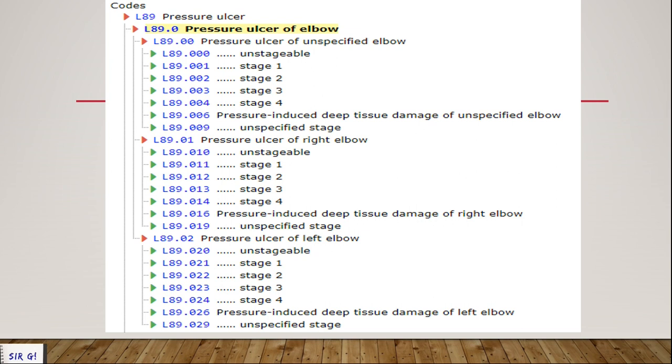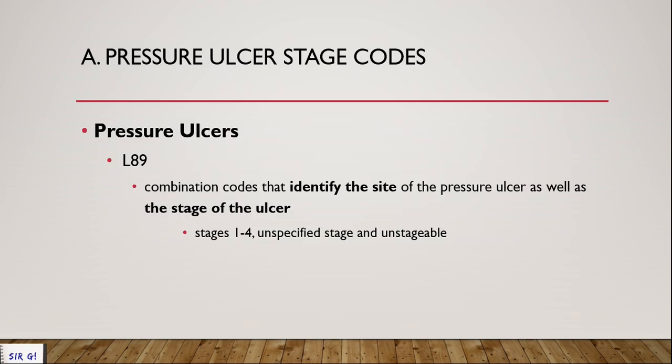Before moving on, guys, what if, for example, because it's not specified in this guideline, the patient has a stage 3 pressure ulcer in the elbow, and the patient also has a stage 2 pressure ulcer at the back. So there are two different sites, correct? Okay, and there are two different stages. Put a note here in your guideline that if the patient has multiple sites, the guideline is code all sites.